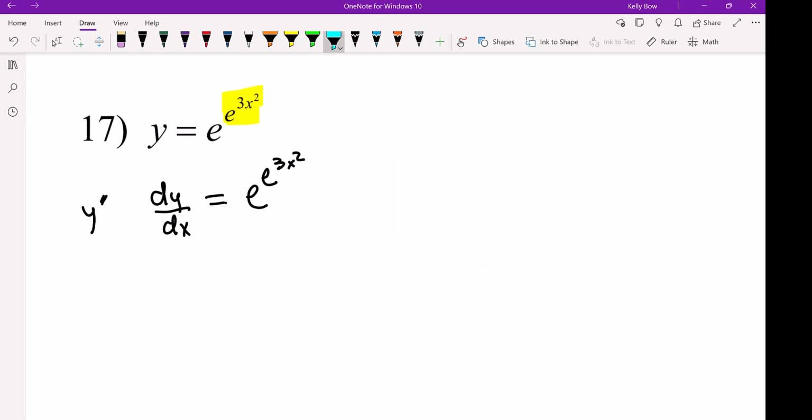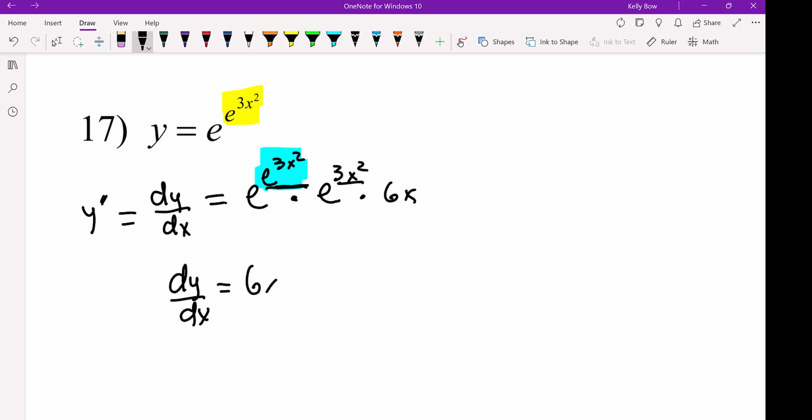So now we've got e to the e to the 3x squared. So this one's a little bit more complex. The original function, the entire function, is written. Now you have to take the derivative of that. Well, the derivative of this e to the exponent function is you rewrite that function and now multiply by the derivative of n, which would be 6x. So dy dx, the 6x is going to come out in front.